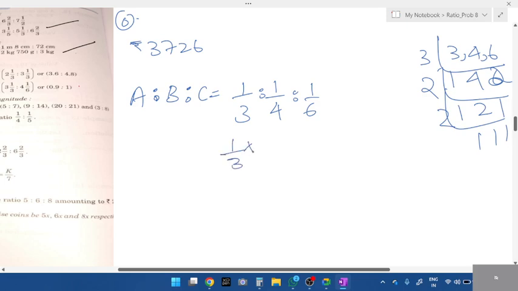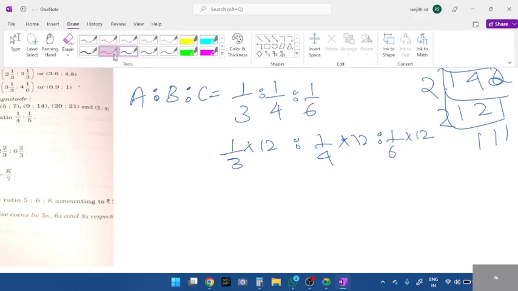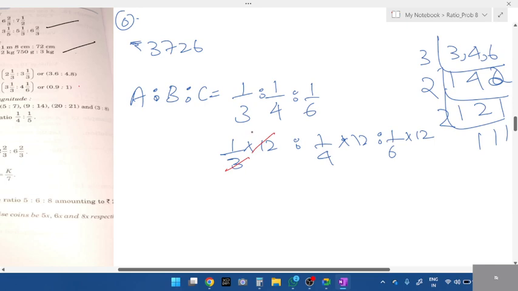Then multiply with 12. What's the answer? 4, 3, 2. So what's the ratio? You have to write it, students. Ratio of ABC is equals to 4 is to 3 is to 2.